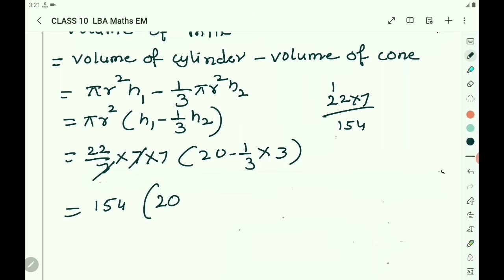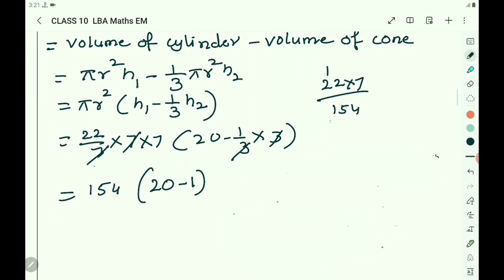Into 20, cancel this 3 3, minus 1, equals 154 into 19. 19 fours are 76, 6, 7 carry. 19 fives are 95, 95 plus 7 is 102.